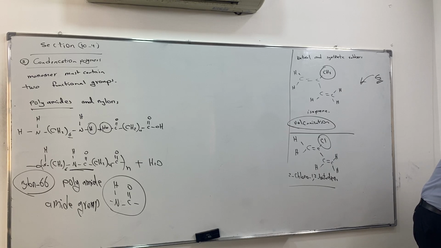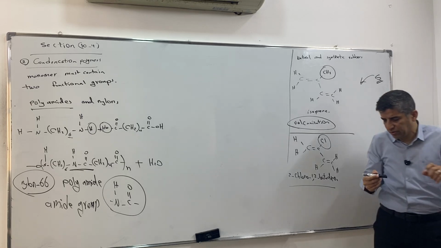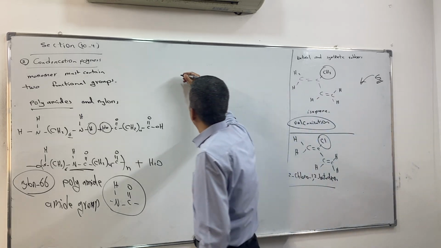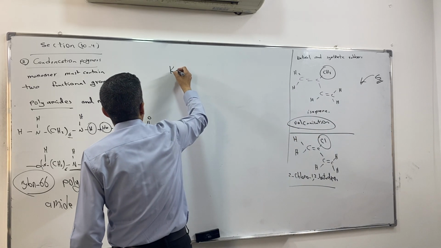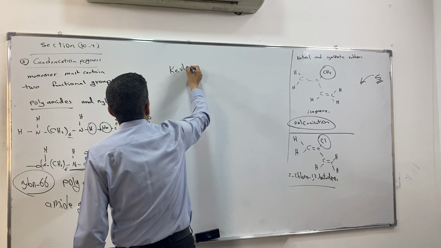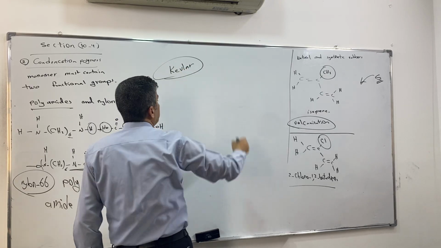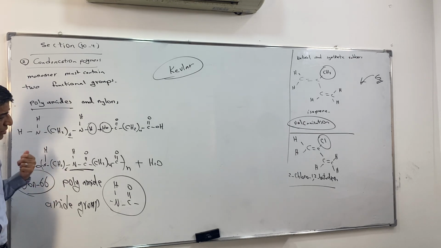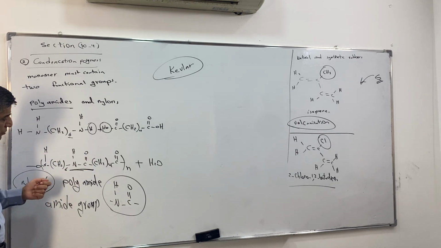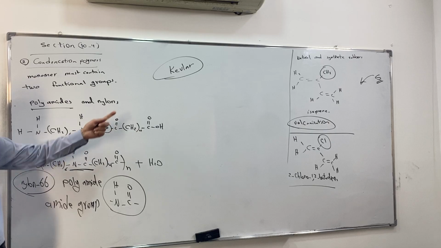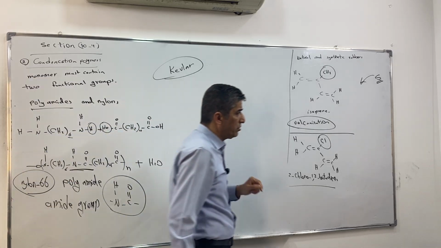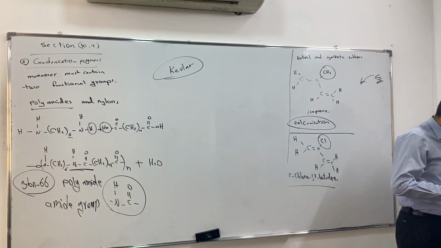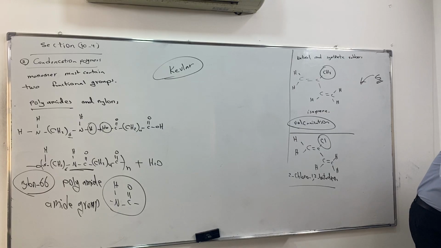One product made this way is Kevlar, a type of polyamide. Kevlar is a condensation polymer produced when polyamide is treated with radiation. Kevlar is a very rigid and hard polymer.